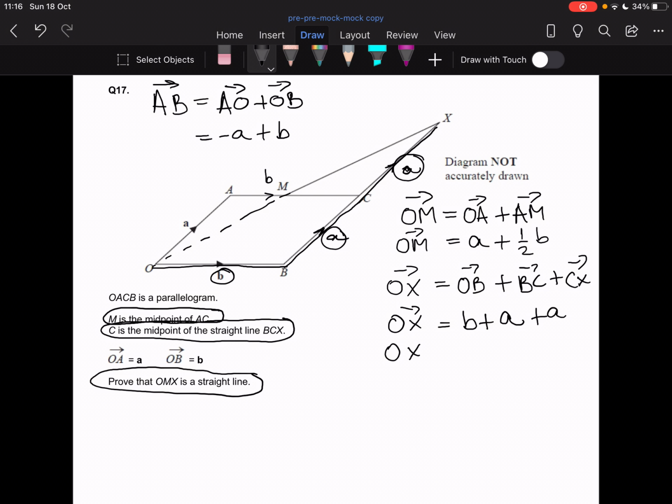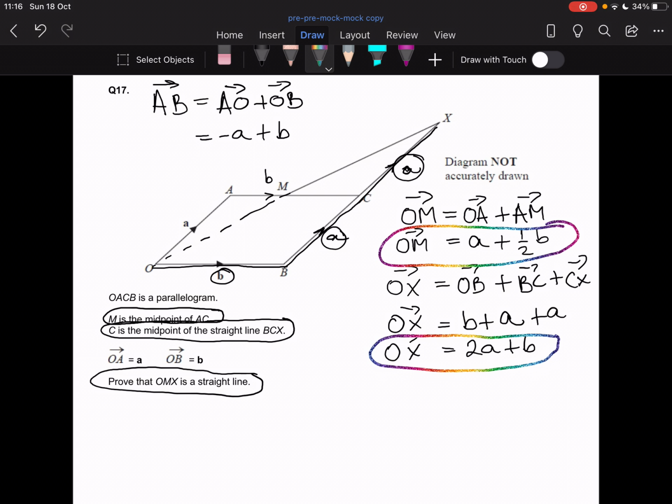If I simplify that, I get that OX is equal to 2A plus B. Now, if I look at the relationship between OM and OX, I notice that if I multiply OM by 2, I get OX.